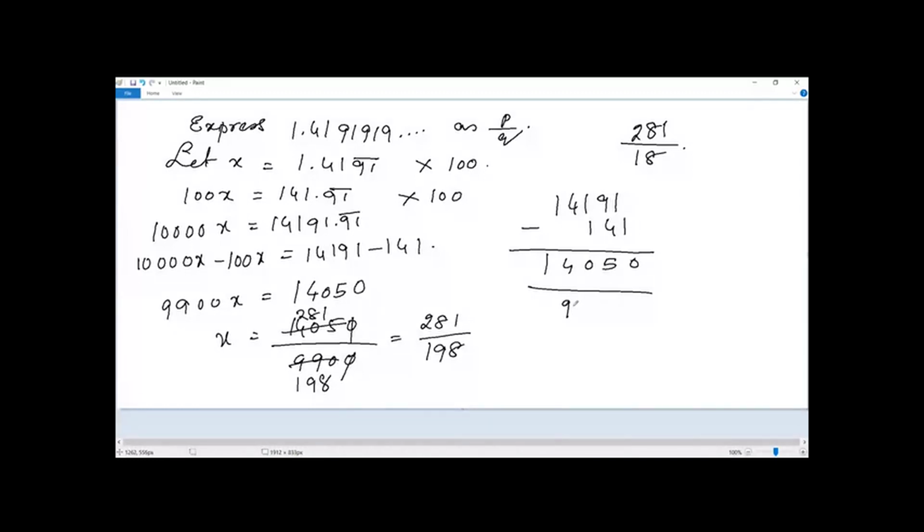So there are two repeated numbers and two non-repeated numbers, so we have to put 9900, ma'am. How to get 9900? Two repeated numbers and two non-repeated numbers.